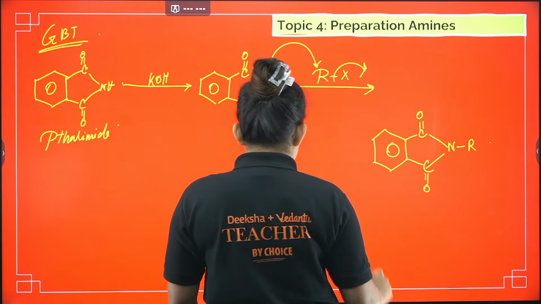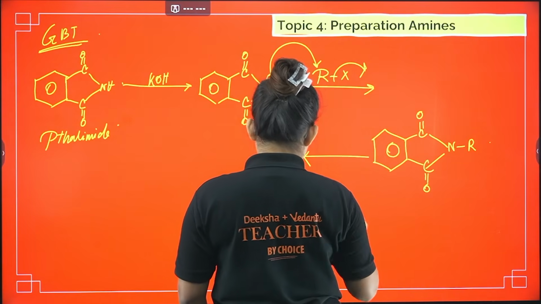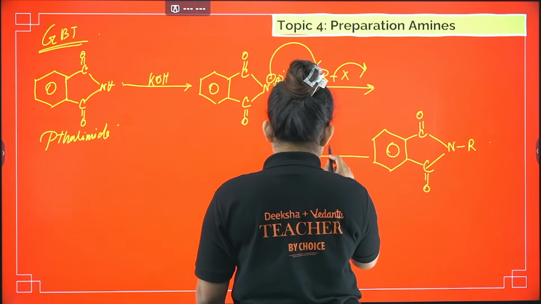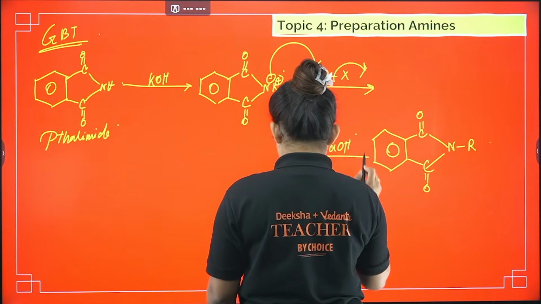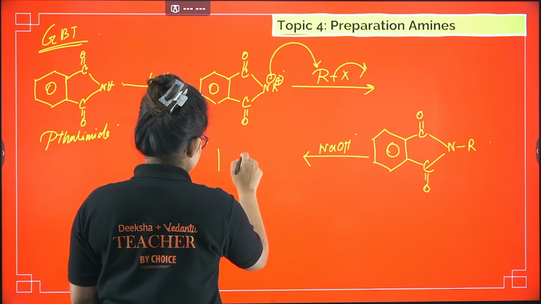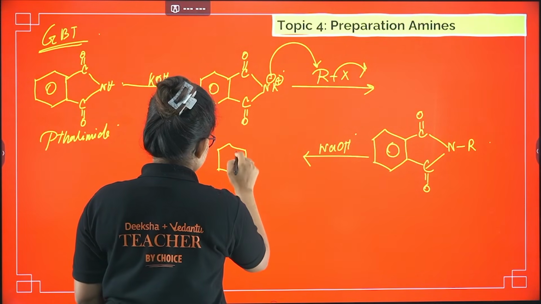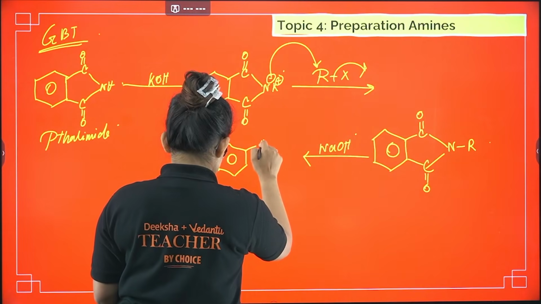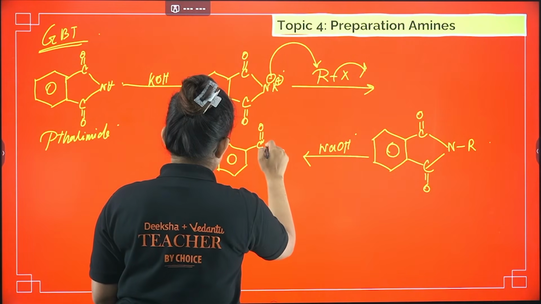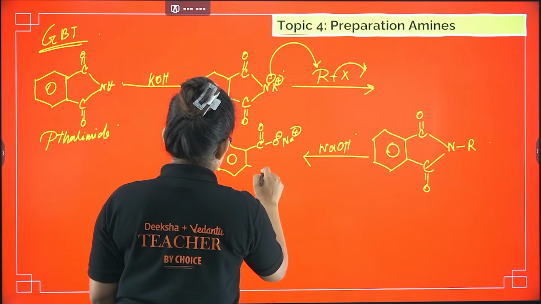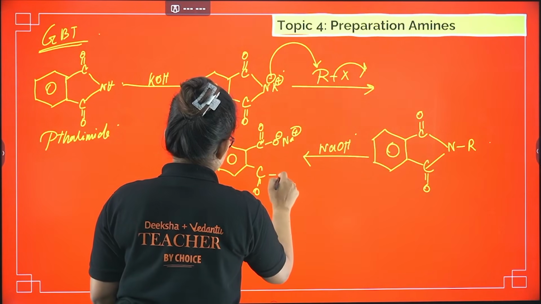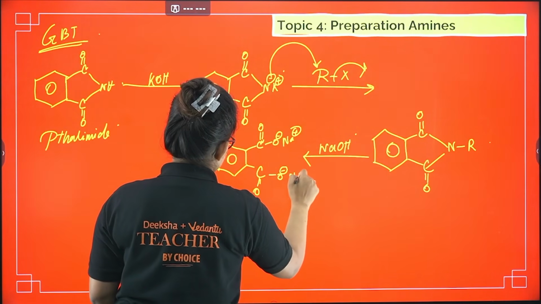right? Now here I will give, let's say, NaOH. As a result of this, the phthalimide will open up, it will give you COO minus Na plus, here also COO minus Na plus.